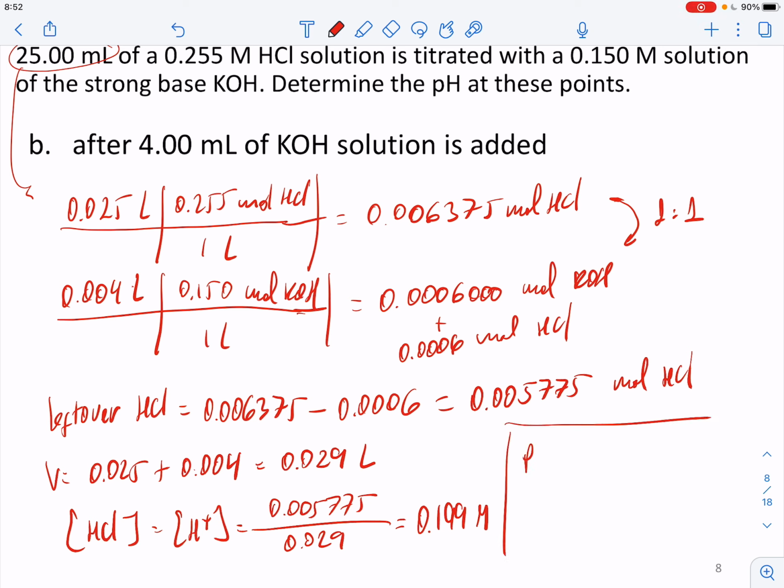Therefore, pH is minus log of 0.199, and this is equal to 0.701. Okay, so you need to determine what is the remaining acid in the solution after you have reacted with a certain amount of the base, and then you proceed to calculate the pH.